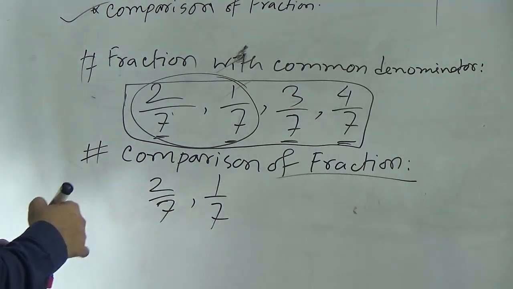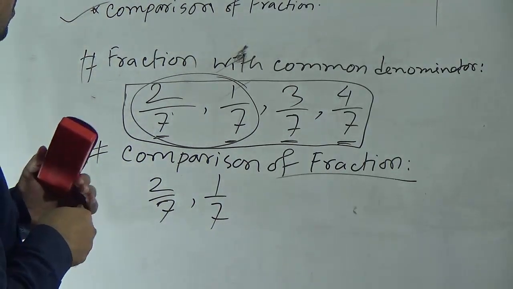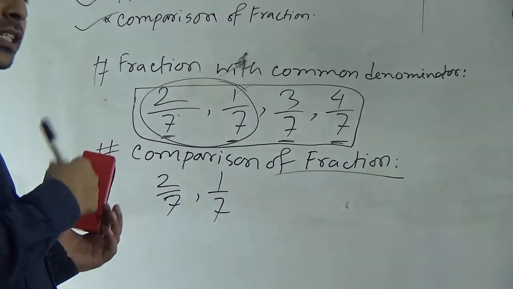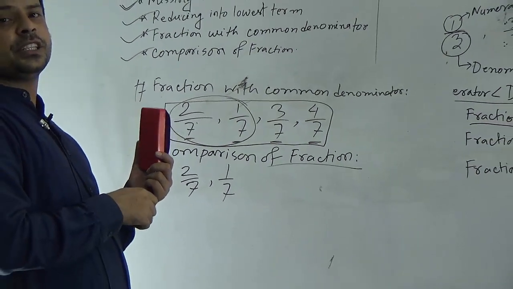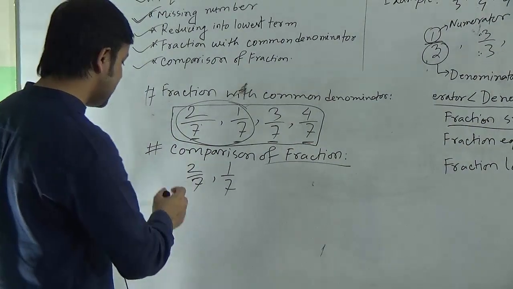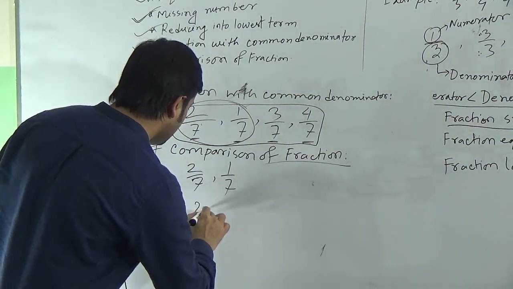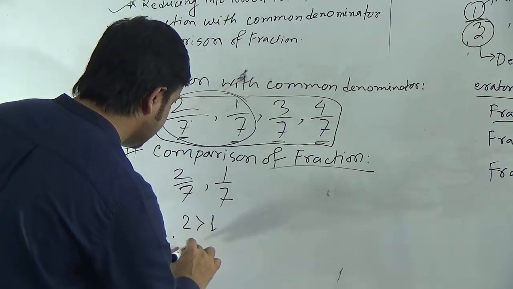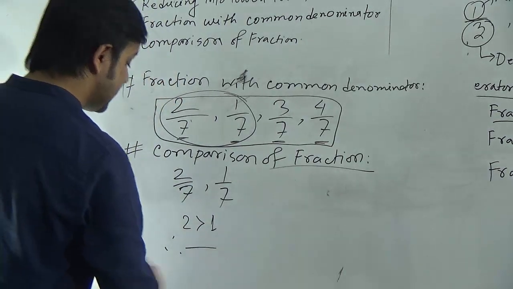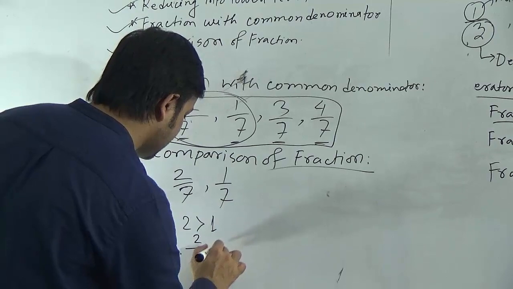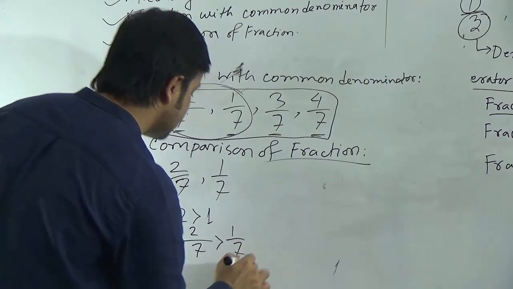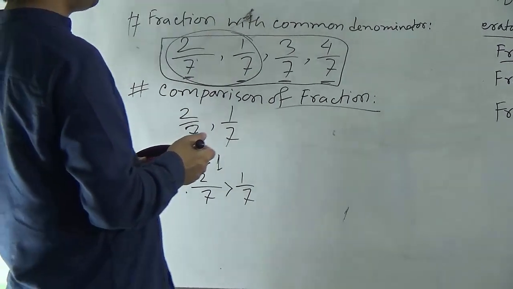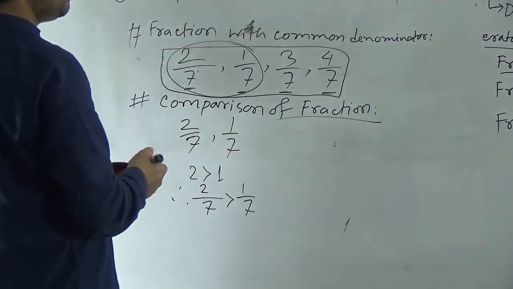If the denominators are same, the fraction will be larger whose numerator is larger. The fraction will be smaller whose numerator is smaller. So we can write here 2 is greater than 1. Therefore we can say, as the denominators are same, 2 by 7 is greater than 1 by 7. In this way we can compare any two fractions whose denominators are same.